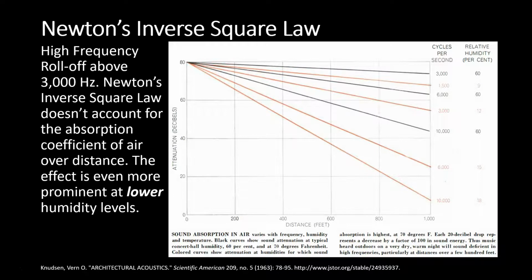And a 10 kilohertz, which is the beginning of the top octave that humans can hear, will drop from 80 almost all the way down to 40 at 1,000 feet. And that is the difference in relative humidity. So this would be added to the sound pressure level change that would occur over that distance.